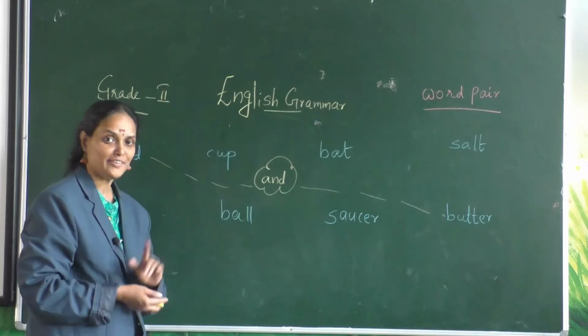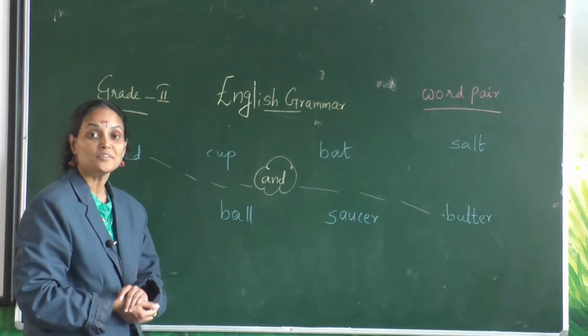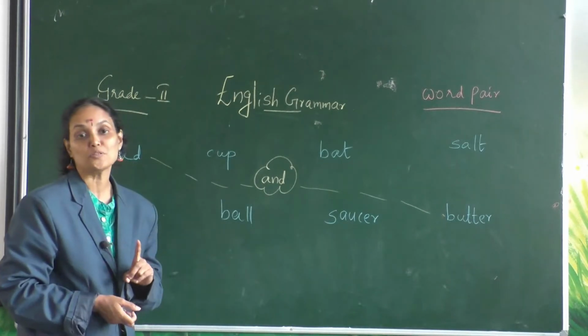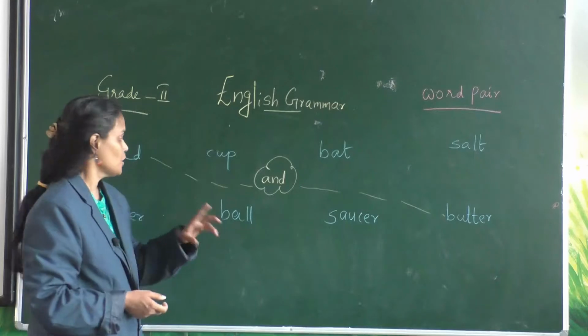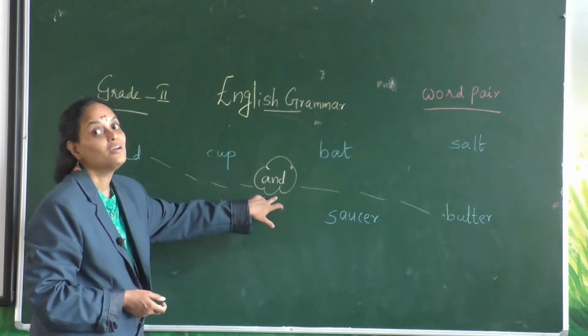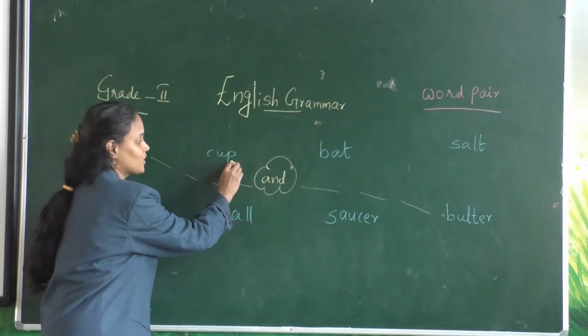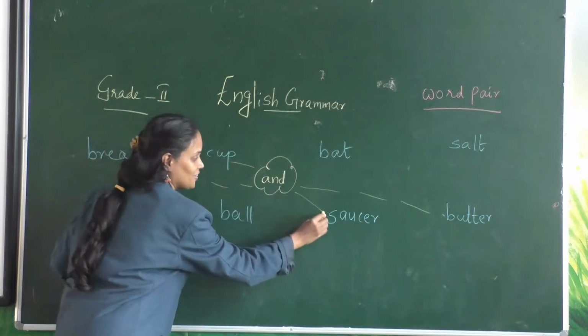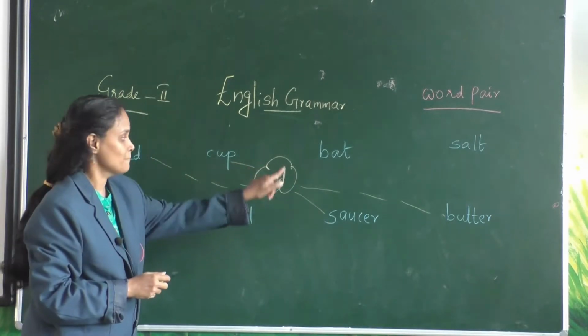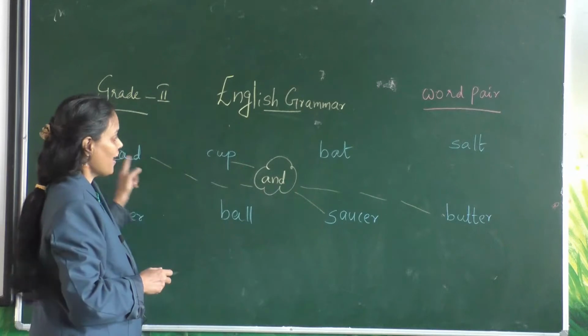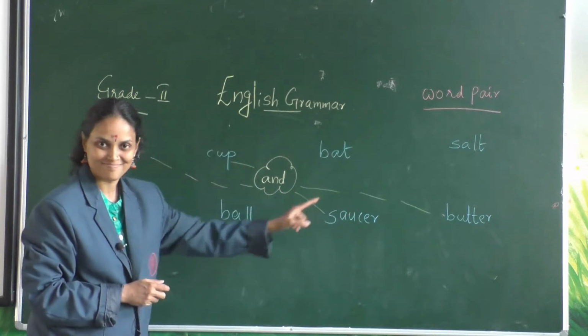Okay, have all of you got the answers? Let me read out the answers for you. Here we are going to frame word pairs using the conjunction, or joining word, and. Next one is cup and, very good, saucer. Cup and saucer. Bread and butter. Right?